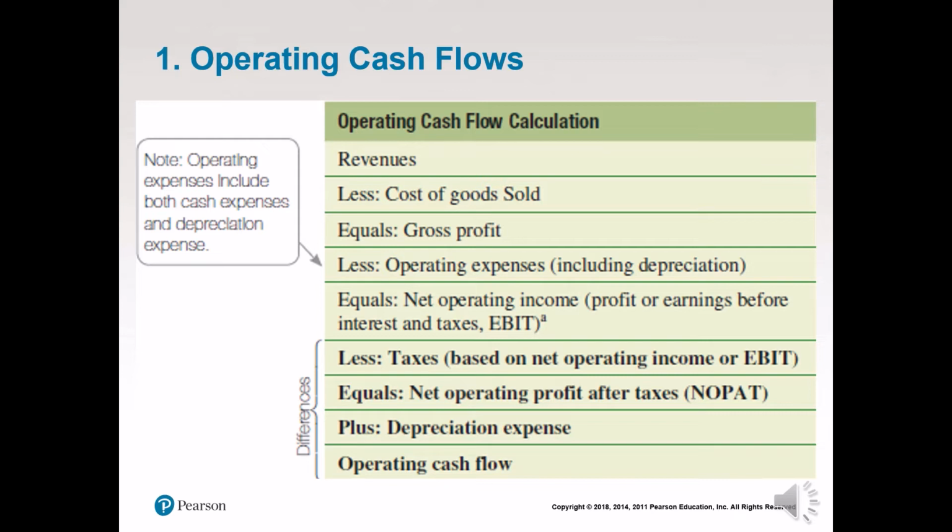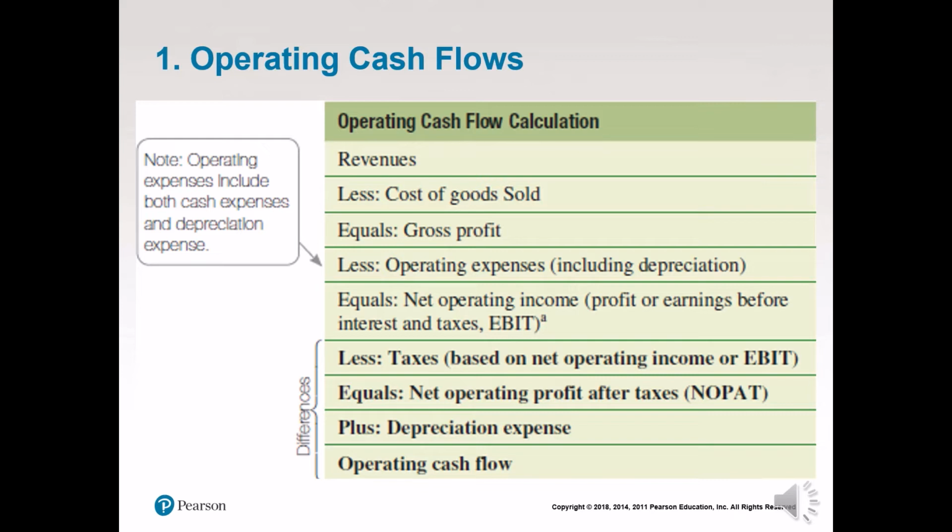When we do this, we get to our earnings before interest and taxes, EBIT, also called the net operating income. So one way to do operating cash flow is to actually start with EBIT, depending on the information given to you in your problems.